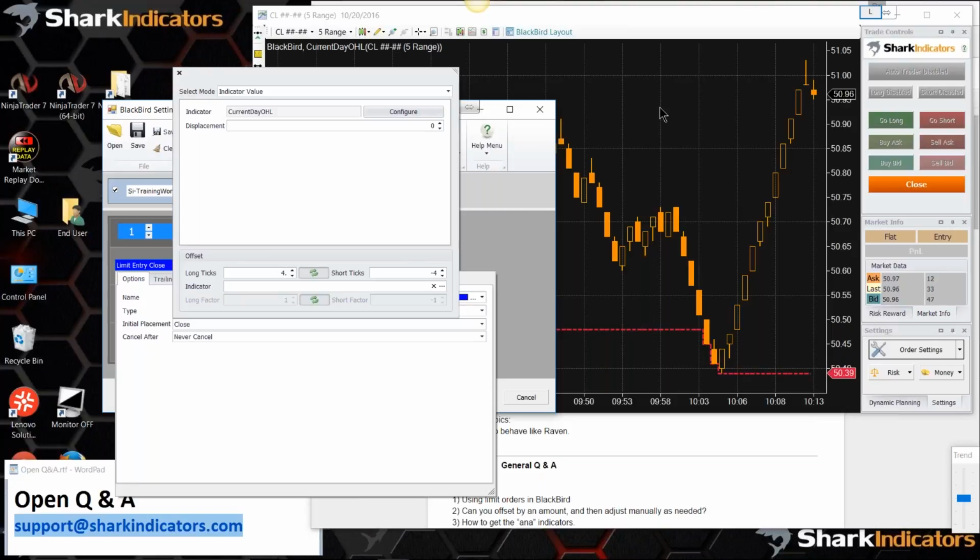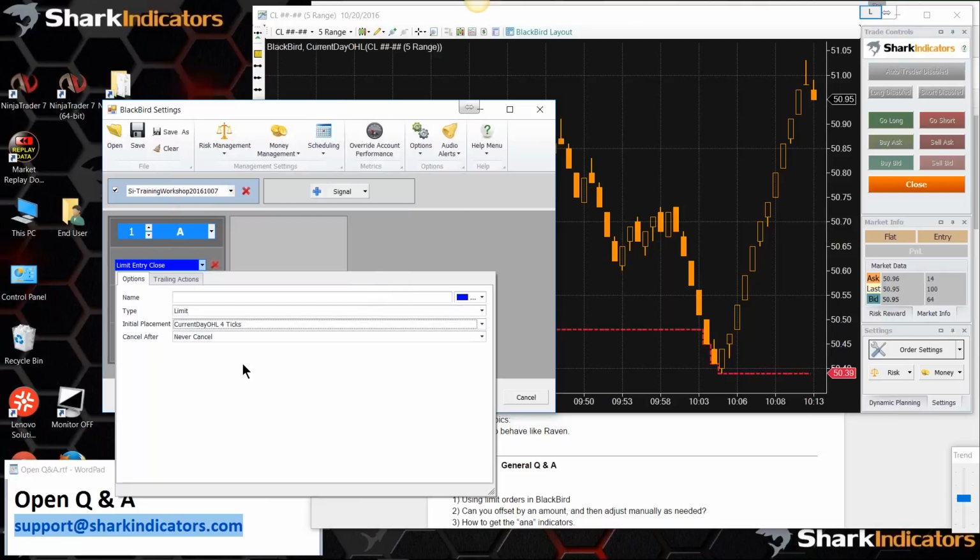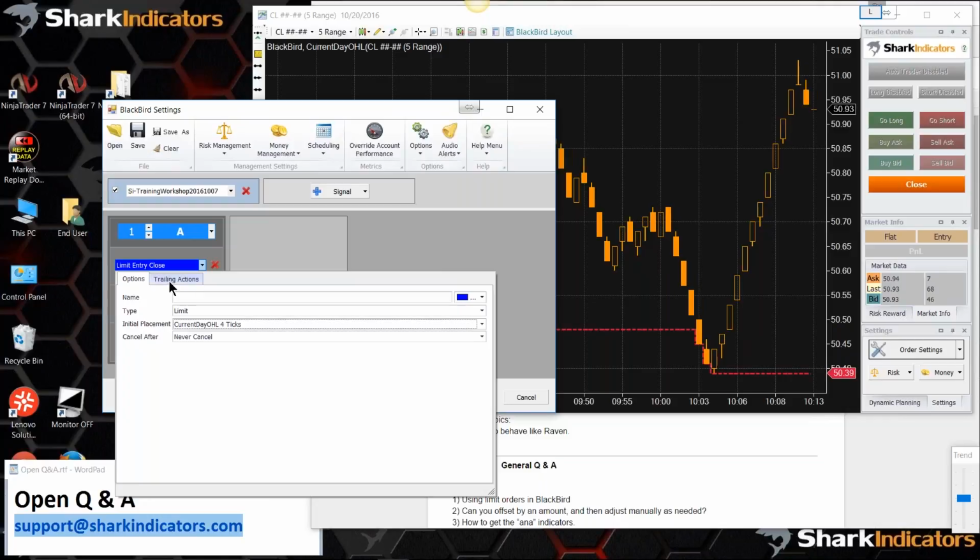If it's a trade off of the current day's high, then it's 4 ticks below the high, so that would be negative 4 ticks, which is automatically done for us. All right, so there we go. Our initial placement set. There is no trailing actions for this type of signal.